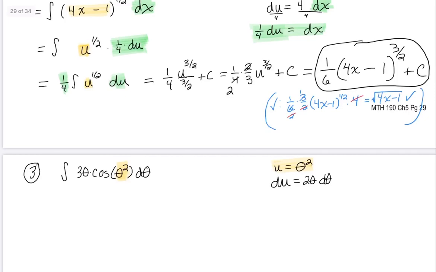All right, so here's the thing. If it had been 3 theta d theta, that would have been great, but it wasn't. So first of all, this constant multiple of 3, we can always carry constant multiples along. So I'm even just going to pull that little guy out in front. If it had been part of the du, great.